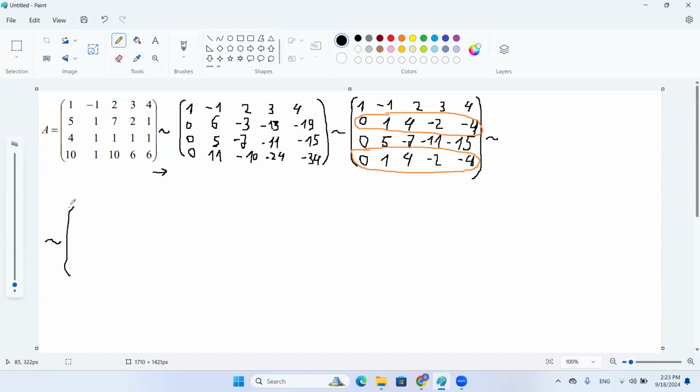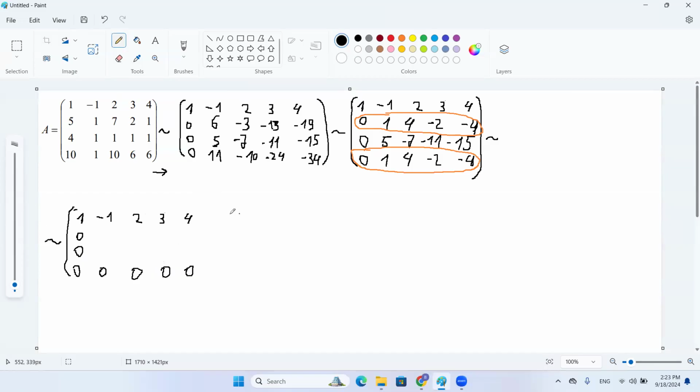Why is it such a good example? For now, I just do this, and then here I write 0, 0. The last row will consist of zeros.